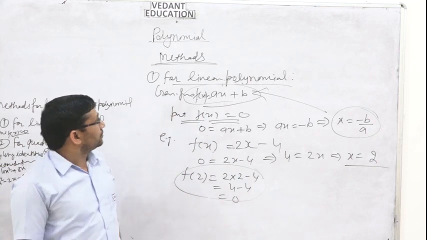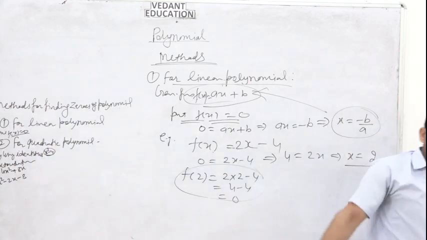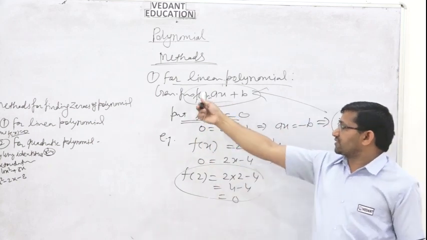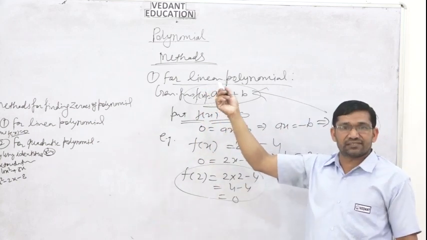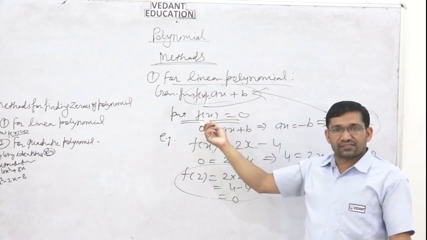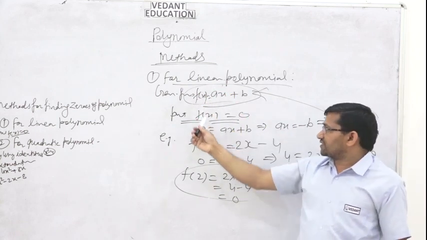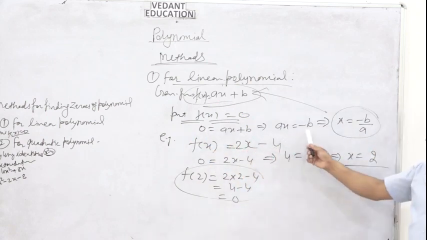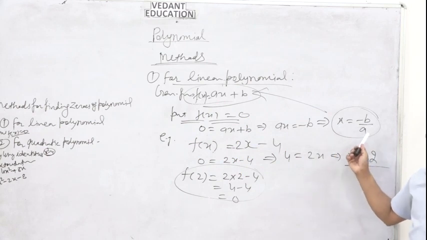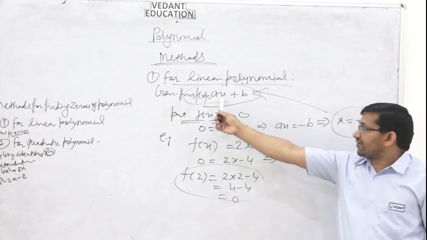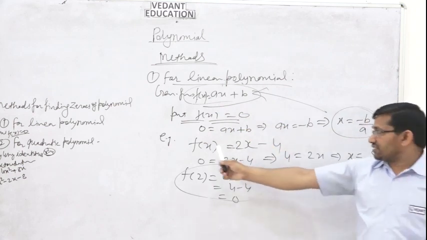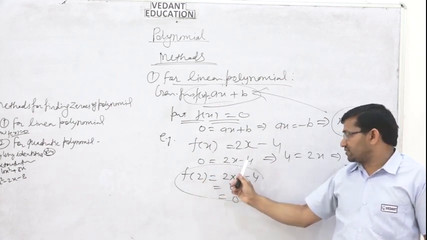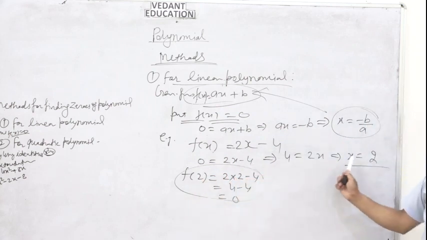So for finding the zero of a linear polynomial, first we put f(x) is equal to 0. जो भी polynomial given उसके लेफ्ट हैंड साइड में जो f(x) है या g(x) है, किससे भी रिप्रेजेंट कर सकते हैं अपन, p(x) से भी रिप्रेजेंट कर सकते हैं polynomial को. तो we put f(x) is equal to 0, then find the value of the variable. x is equal to minus b upon a for f(x), and for this polynomial f(x) is equal to 2x minus 4, again we put f(x) is equal to 0, that is 2x minus 4, that is x is equal to 2.